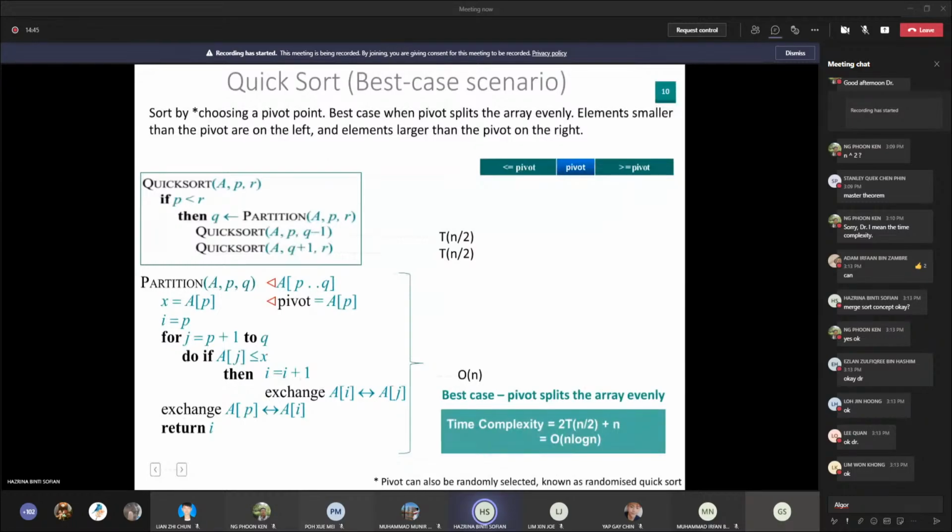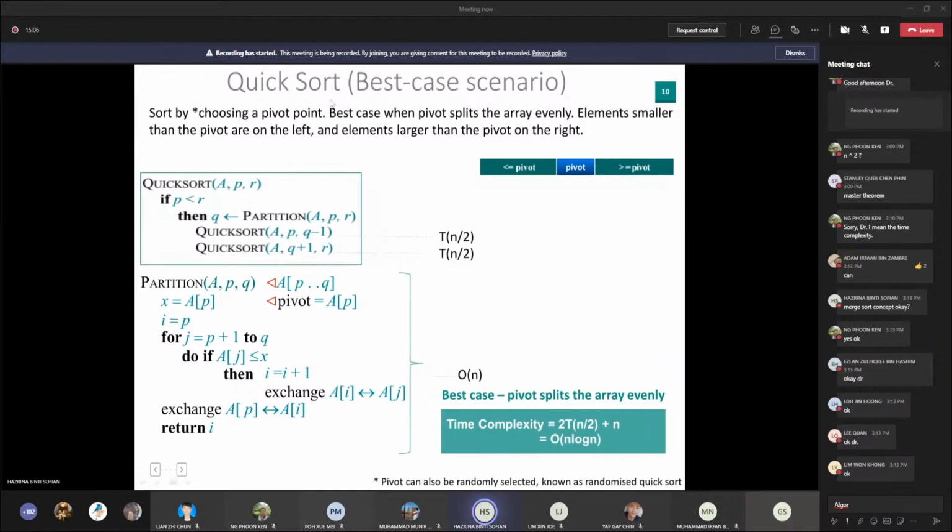Now let's talk about quicksort. Quicksort also uses the divide and conquer approach. For quicksort, you need to remember the key point is the pivot.